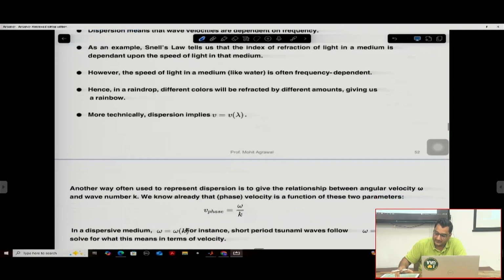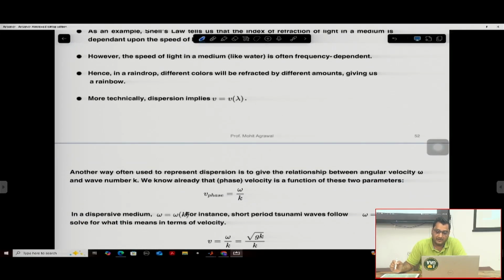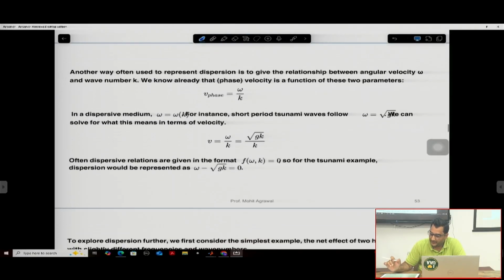Because the velocity of the Rayleigh wave depends upon the wavelength, the velocity is a function of wavelength. The representation of the phase velocity is a function of two parameters, angular frequency and wave number, omega by k, where omega is a function of wave number.